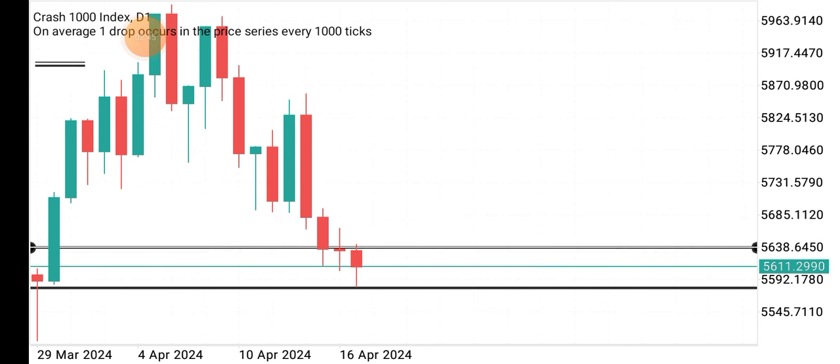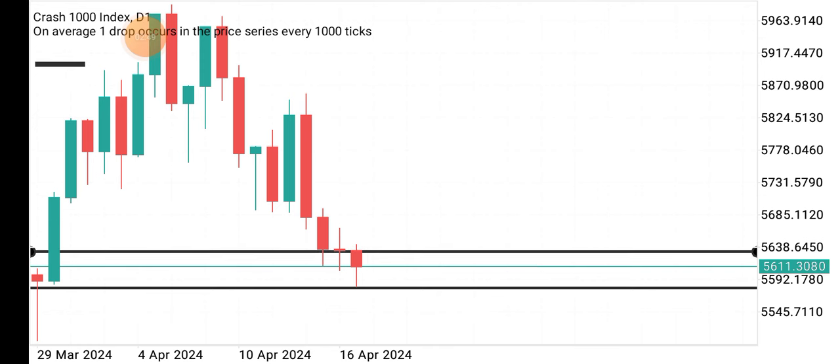We said if the market can close below the small bodied candlestick, and then retest properly, we are expecting some sells. If the market can go above it and close, and come back to retest properly, we are expecting some buys.